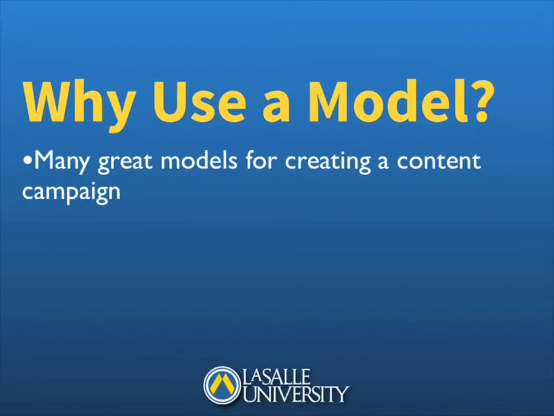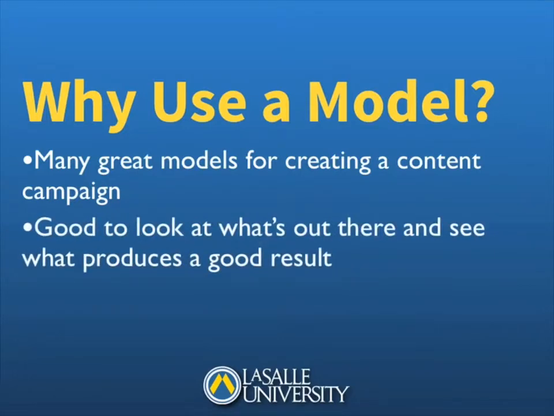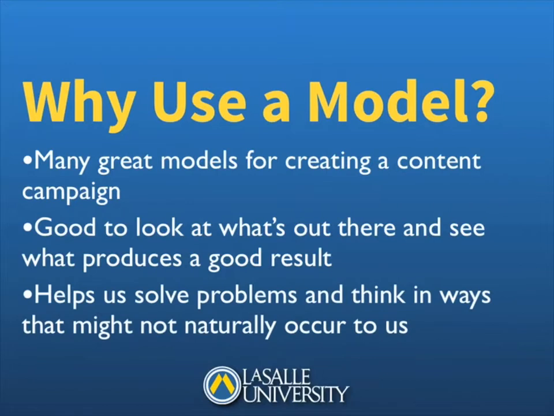So what we want to do is look at what's out there and see what produces a good result. That's why we want to use a model, because we want to solve problems and think in ways that might not naturally occur to us if we were to go at this alone. Many people have created many campaigns in the past and have come up with many different ways of doing it.